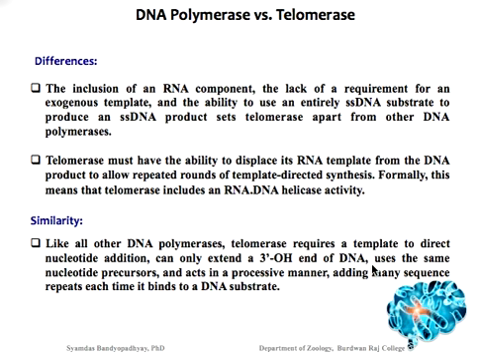And third, both of them use the same nucleotide precursors. So the same nucleotide precursor pool is used from where both DNA polymerase and telomerase perform this DNA synthesis, and they also act in a processive manner, adding many sequence repeats each time they bind to a DNA substrate.